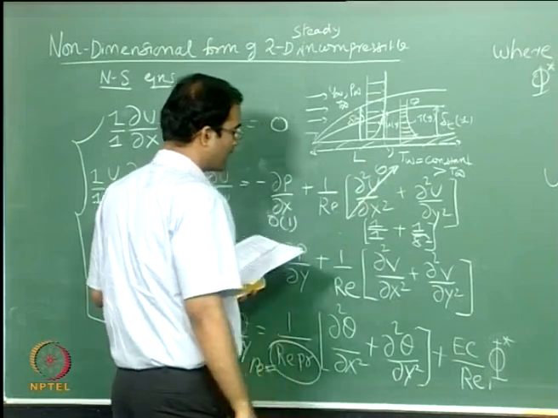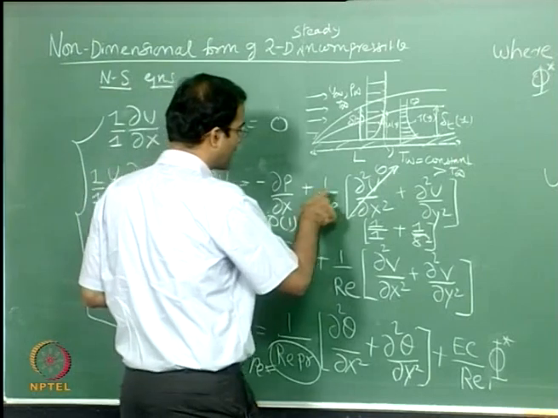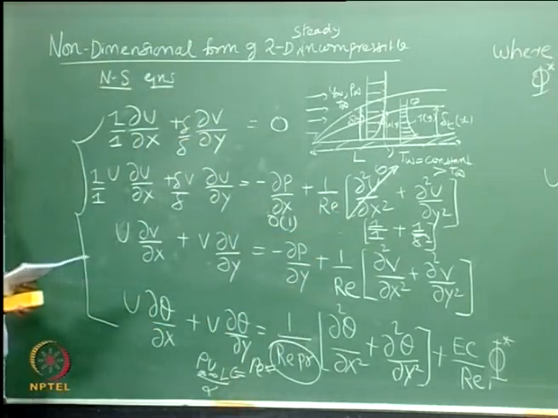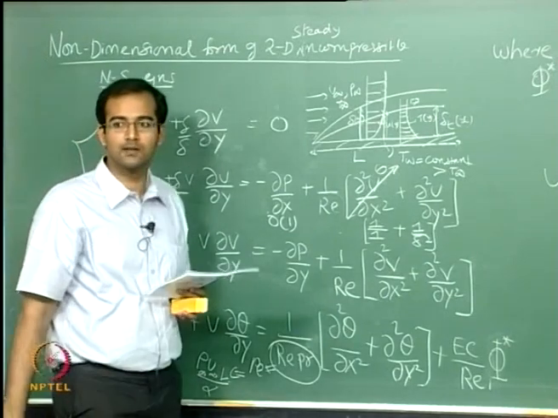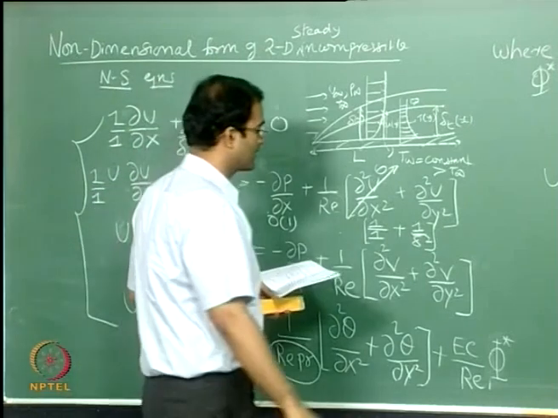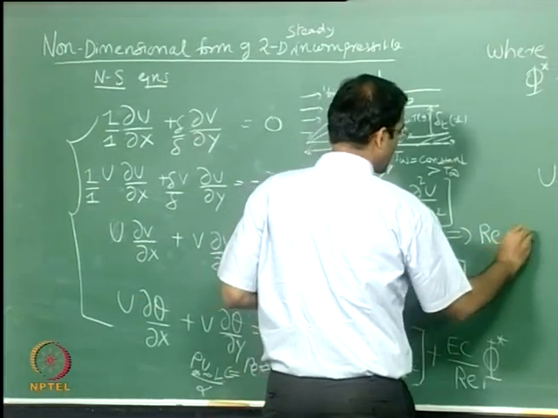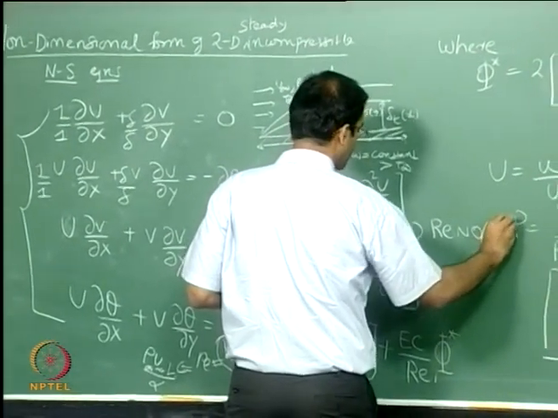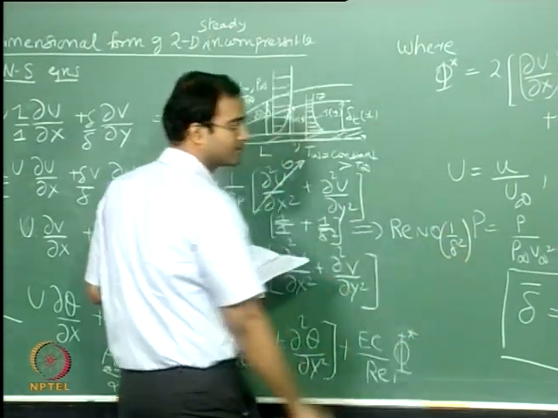So if you neglect that term, what should be the order of magnitude of Reynolds number such that all the terms have now the same order of magnitude? Delta square, 1 over delta square. So from here your Reynolds number should be of the order of magnitude 1 over delta square.